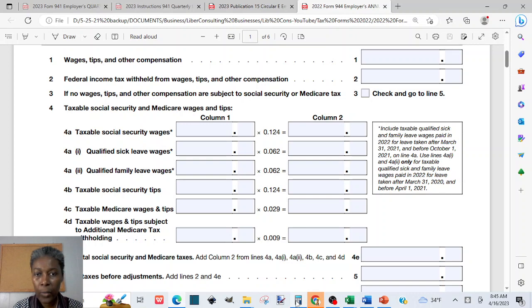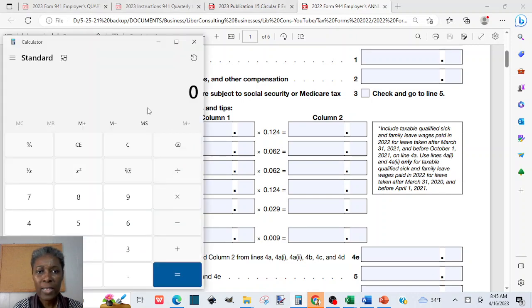So bringing a calculator here, $20,000, and that 0.124 is both employee and employer combined. The half is 6.2% for each one. So $20,000 times 0.124 is $2,480.